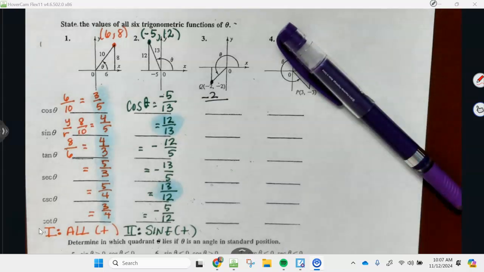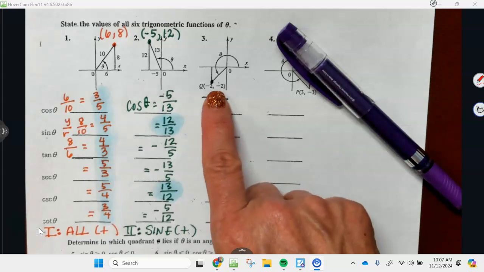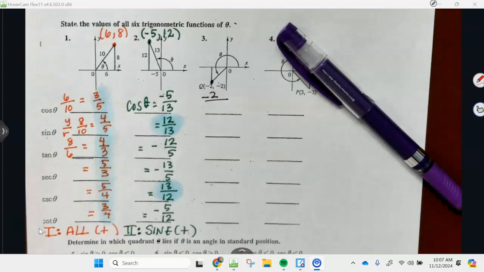So to find the radius, you're just going to square both of those coordinates and add them together, then square root it. It is just the Pythagorean theorem. So look, here's your x squared. Here's your y squared. That's going to give you your radius squared. Y'all, when you square these and add them up, what is it? What's 4 plus 4? Yeah, it's going to be 8. We got to take the square root of this.